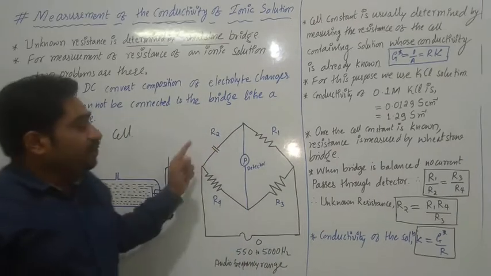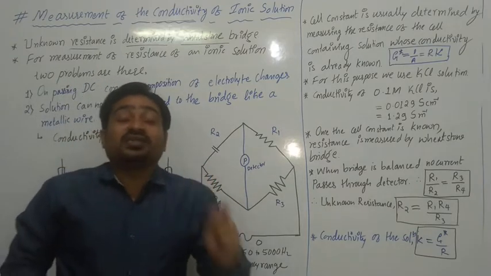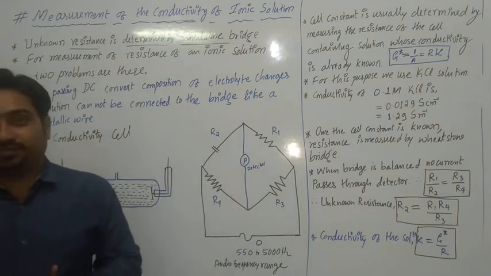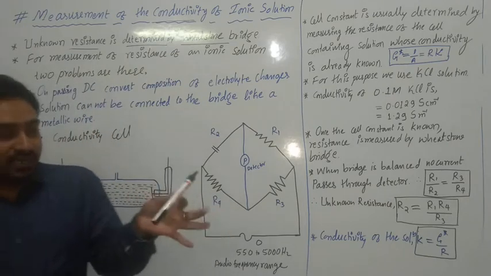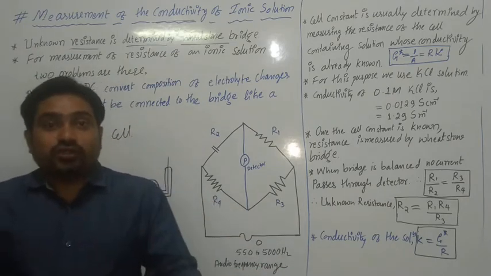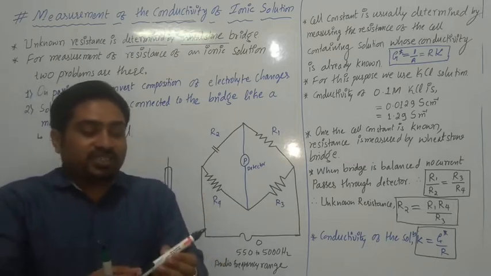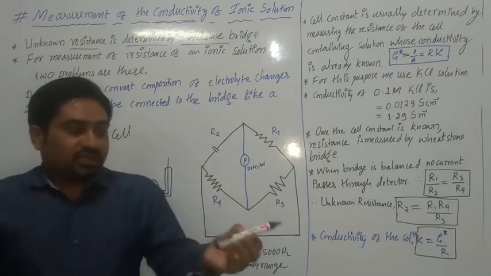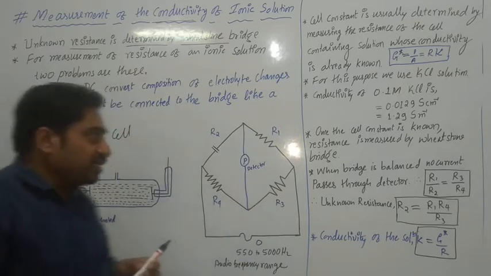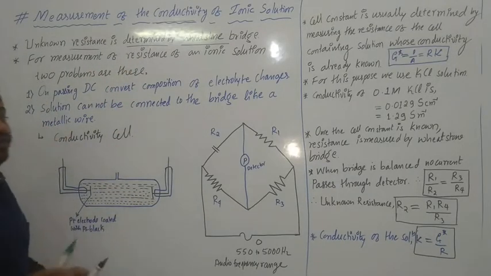We use it to measure the resistance of an unknown resistor, an unknown material. If I want to determine the resistance of this material, I should join it to the Wheatstone bridge, then I can calculate its resistance, isn't it? So the unknown resistance is determined by Wheatstone bridge.